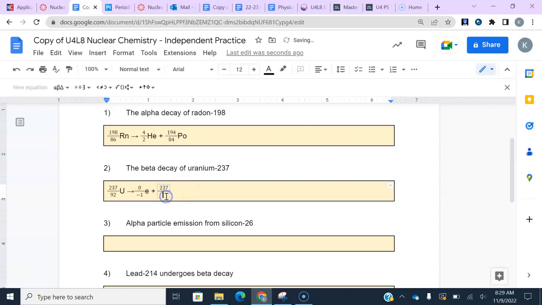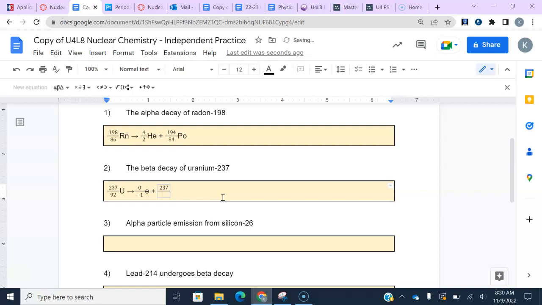Now, here's what's different about beta decay. It's easy to look at this and say, oh, I'm supposed to subtract 1. No, we add 1. With beta decay, we are adding because a neutron is decaying into a proton, and remember, protons determine the identity of the atom.